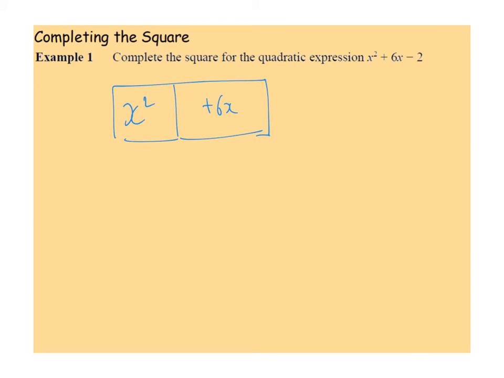And the way that completing the square works is, instead of having this area over here, like that, we're going to halve it, and we're going to stick some of it underneath the original square, the x squared. Okay, so instead of having 6x over here, I'm going to take this off. And I'm going to halve it.